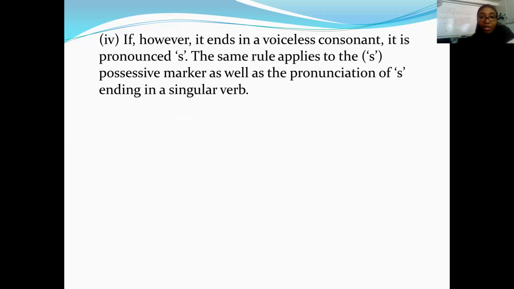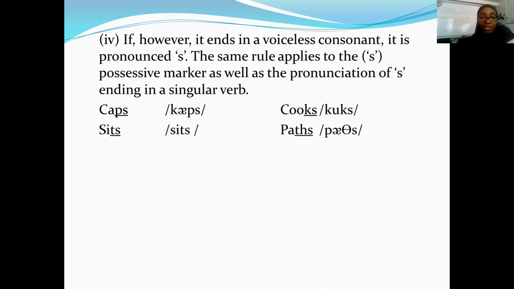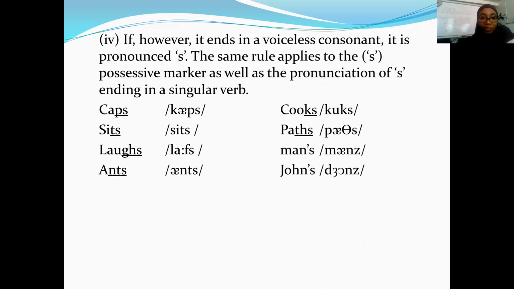The same rule applies to the possessive marker as well as the pronunciation of the ending in a singular verb. Example, you have caps, cooks, seats, past, laughs, mans, ants, Jones.